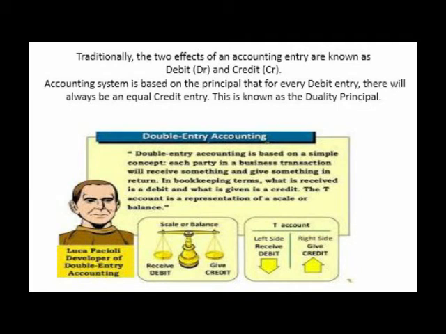Double entry accounting is based on the simple concept that each party in a business transaction will receive something and give something in return. In bookkeeping terms, what is received is the debit, and what is given is called a credit. The T account is the representation of the scale of balance.